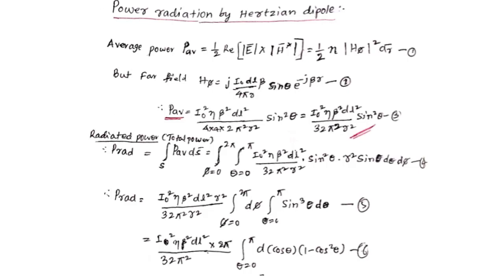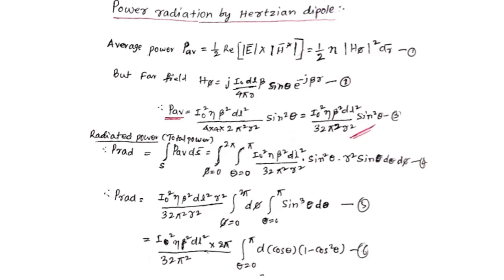Therefore, P radiated is equal to I naught square eta beta square dl square, with r square taken outside, divided by 32 pi square r square, and integration of phi from 0 to 2 pi d phi and integration of theta from 0 to pi sin cube theta d theta.